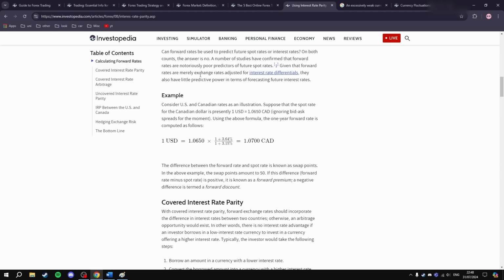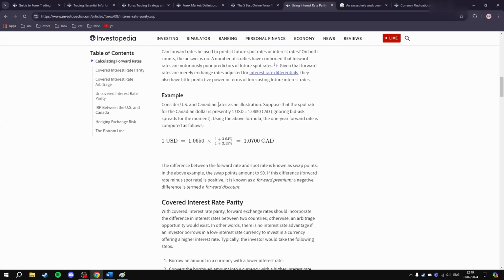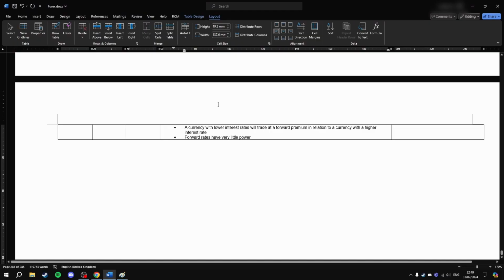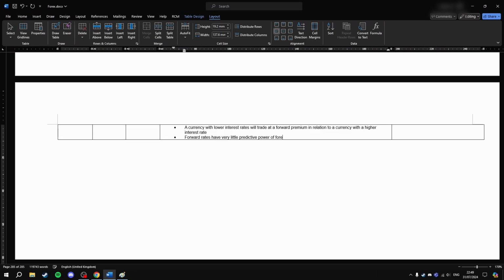Forward rates are merely exchange rates adjusted for interest rate differentials. They also have very little predictive power in terms of forecasting future interest rates.